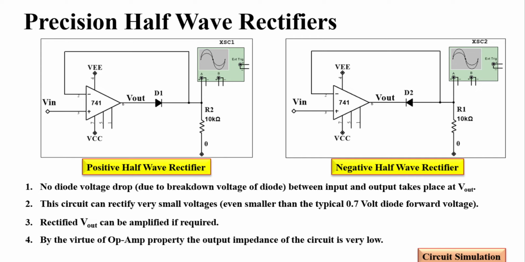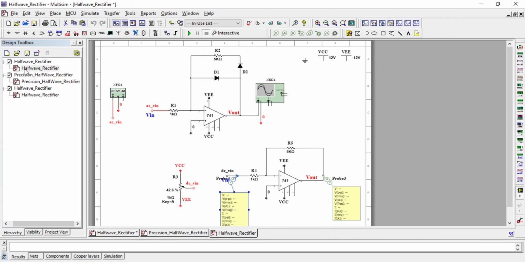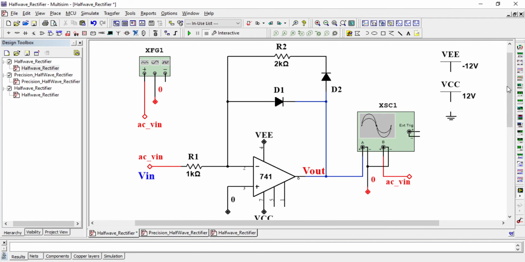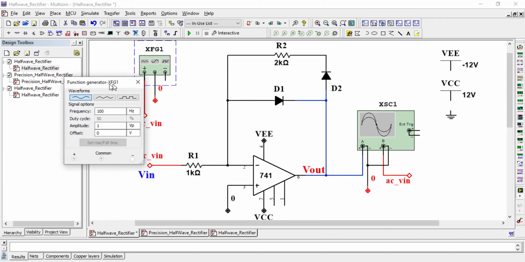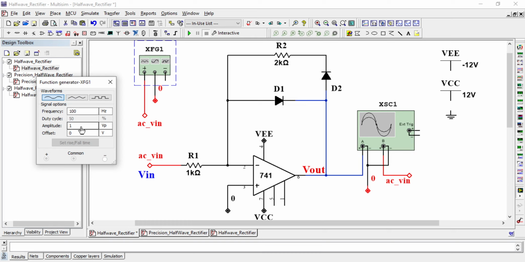So let me show you how to analyze the behaviors of these particular half wave rectifiers and precision rectifiers. In this circuit, I am applying a 100 Hz, 1 volt peak, or you can say 2 volt peak to peak, signal to the input of the inverting amplifier.